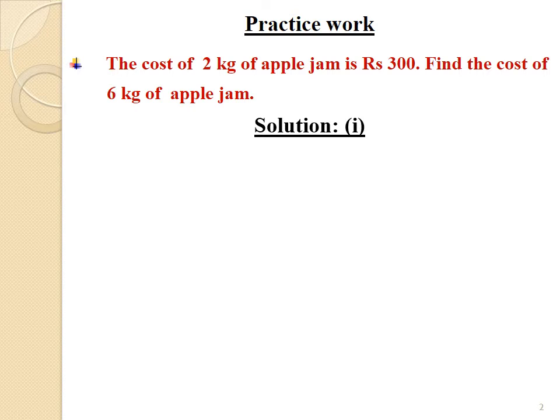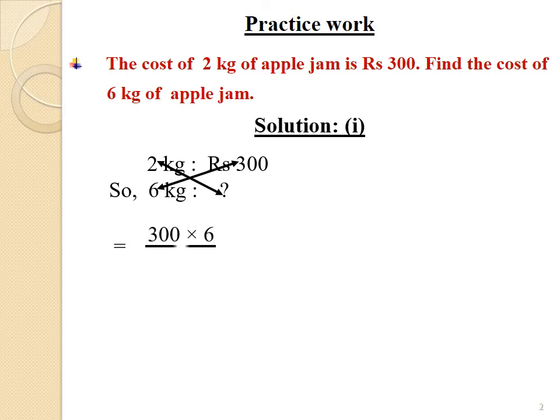2 kilogram, rupees 300. So, 6 kilogram equals to how much? Now, by cross multiplying, we get 300 multiplied by 6 by 2.